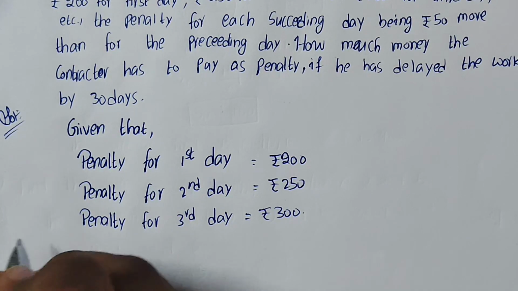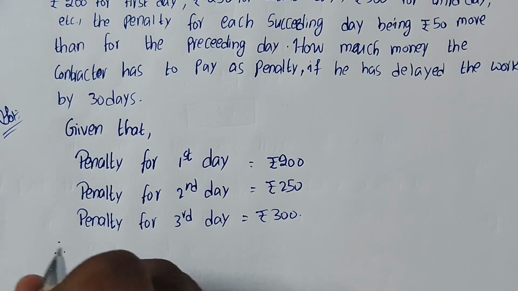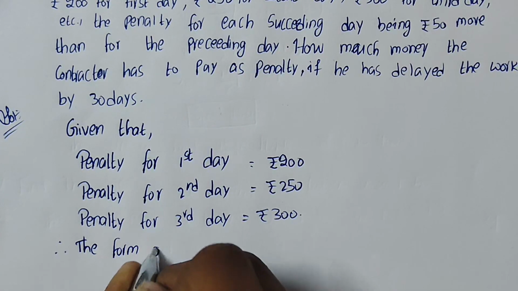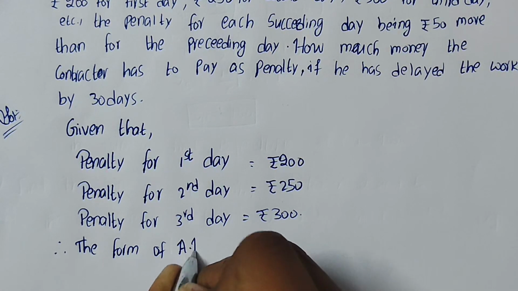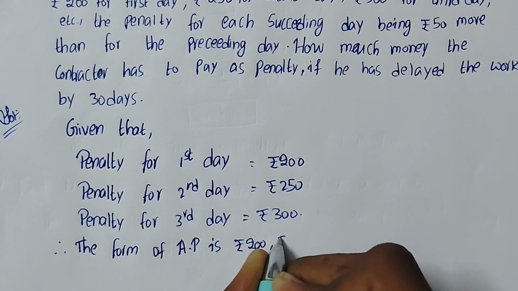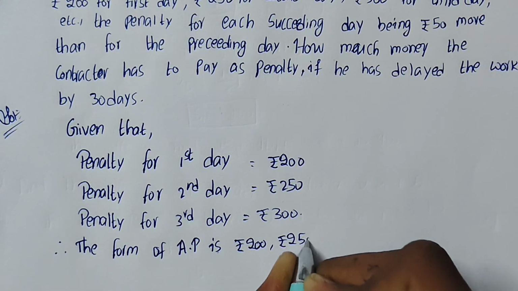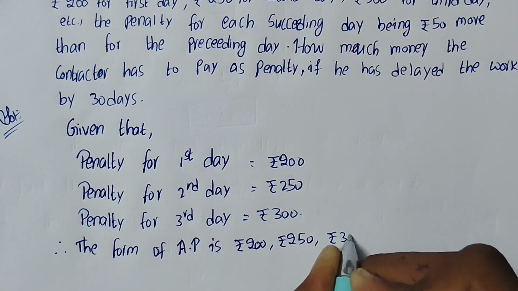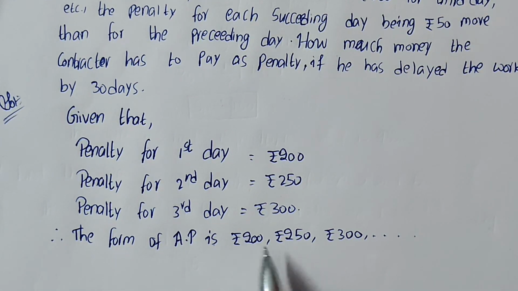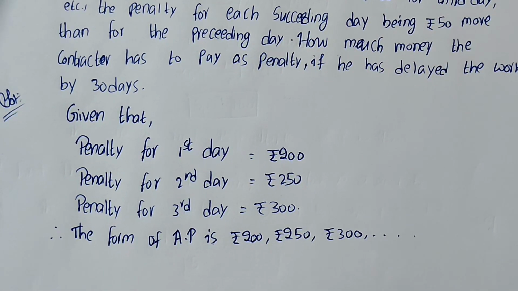This is the form of an AP. So I am writing the AP as 200, 250, 300, and so on. Let us think this is the AP.